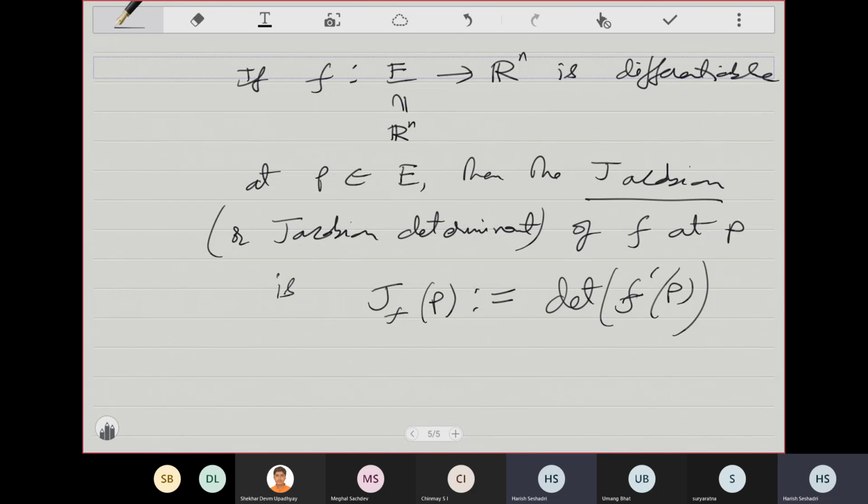Now, whatever we have proved tells us that J_f(P) is not equal to 0 if and only if f prime P is invertible. The single number detects this. So this is the hypothesis: f prime P being invertible is one of the hypotheses in the inverse function theorem.